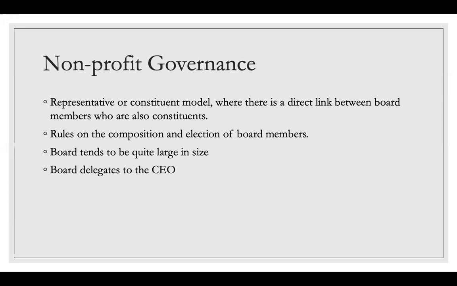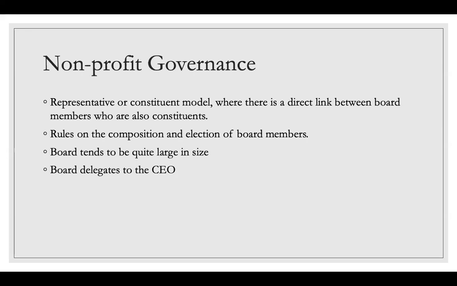The rules will also seek to ensure that the various categories of membership are represented on the board. And as a result, these can be fairly large boards, depending on the type of organization, because of the various categories and interests represented. Although for the purpose of this course they're not included, a typical example would actually be a credit union or a union.